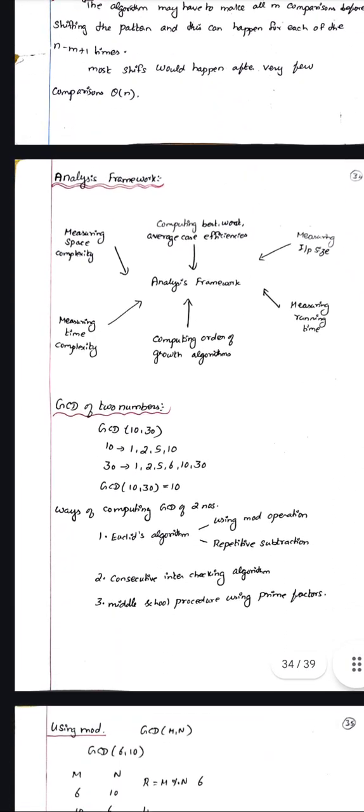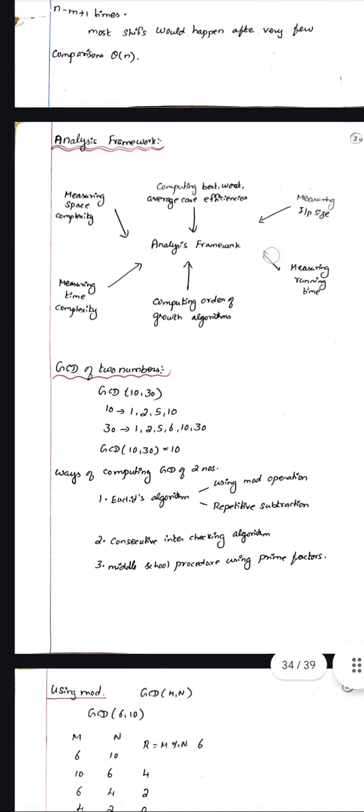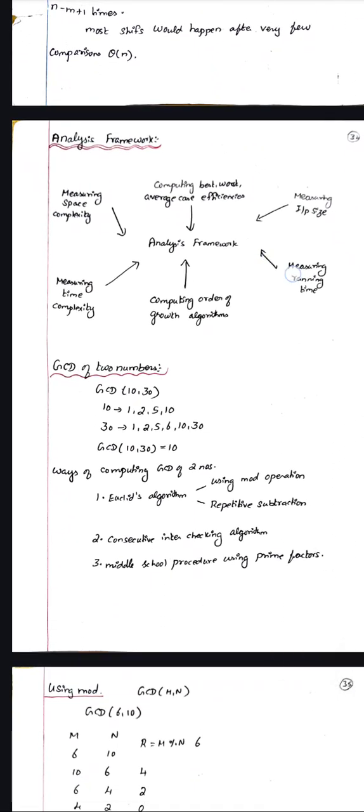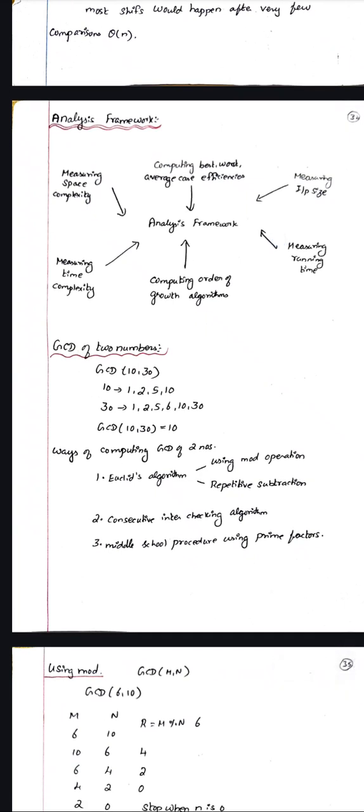Then the analysis framework. The analysis framework consists of measuring the input size, measuring the running time, computing the order of growth of the algorithm, measuring the time complexity, measuring the space complexity, then computing the best, worst, and average case efficiencies.